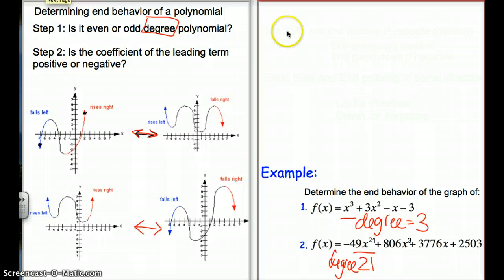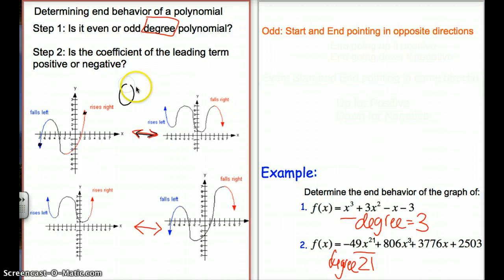So, if it's odd, that means you're going to start and end pointing in opposite directions. So these 2 graphs are good ones to take into your notes. These would be graphs of odd degree polynomials. X to the 3rd, x to the 5th, x to the 21st, x to the 99th.